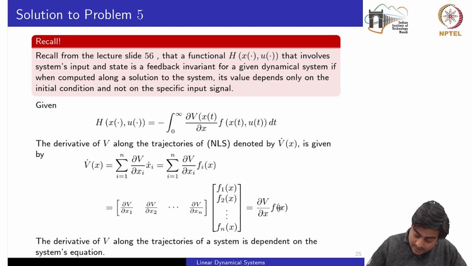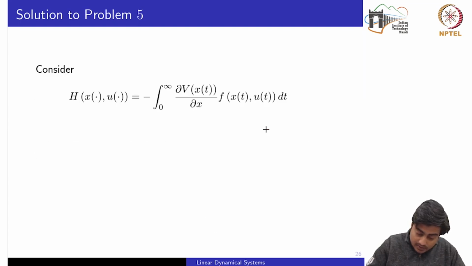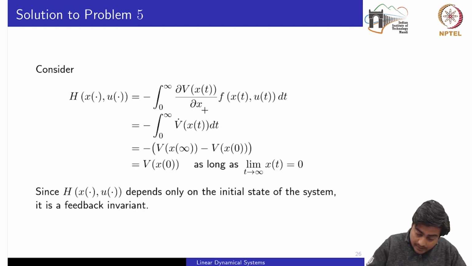Now you would see some similarity: this part happens to be equal to this part. Let's see in more detail. Consider this one again. I can write this whole part as V dot of x, and if I integrate this V dot, I would get V of x at infinity minus V of x at 0.